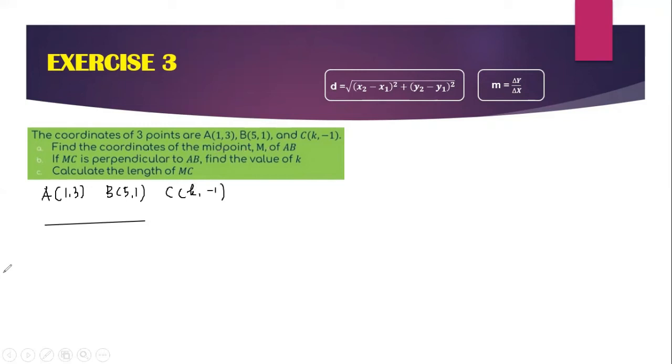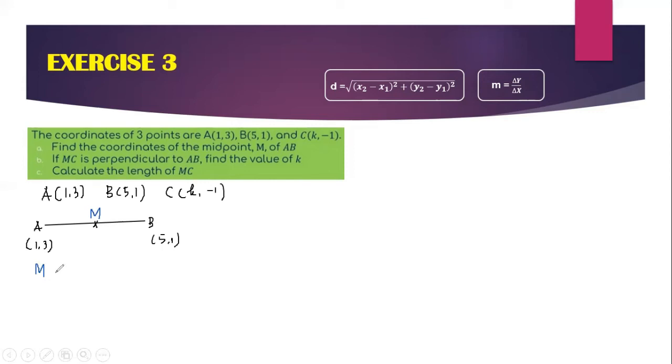Here is A, and this one is B. A is (1, 3) and B is (5, 1). The midpoint means the point lies in the middle of points A and B. So this is the midpoint of AB. Let's say the symbol is M. M is the midpoint of AB.